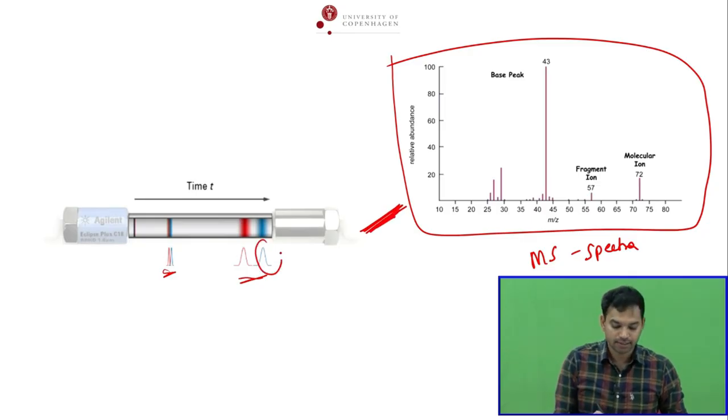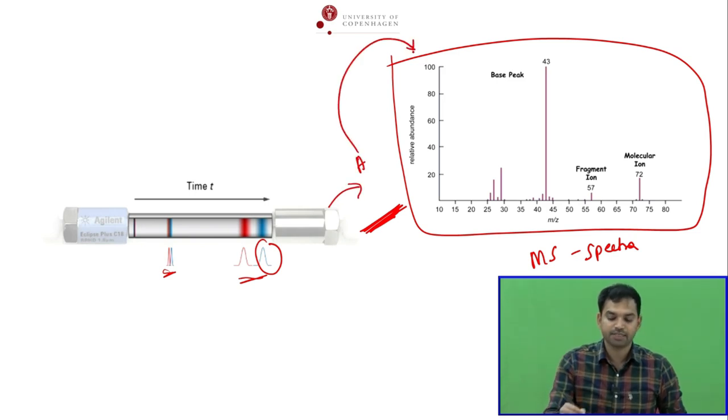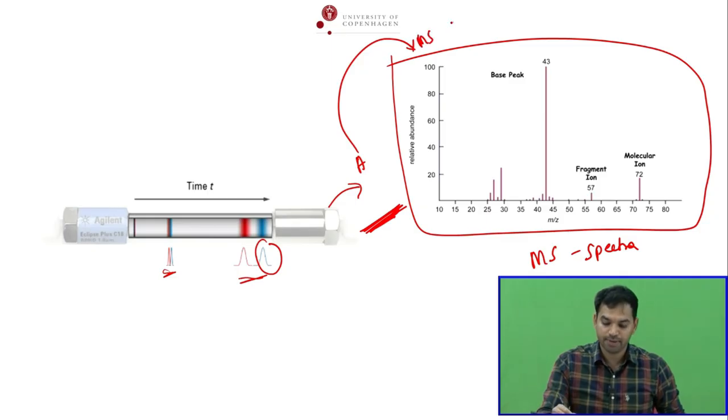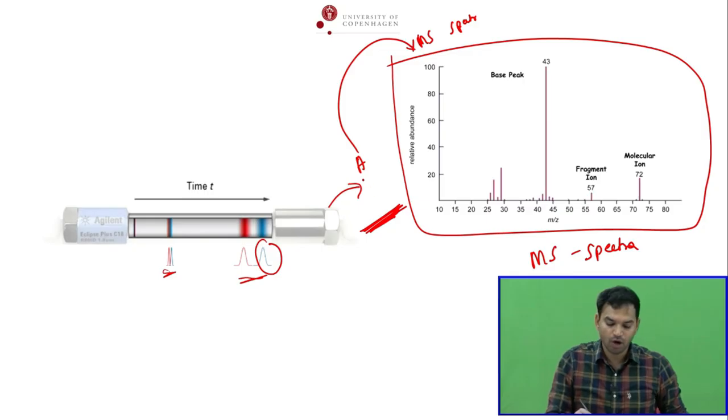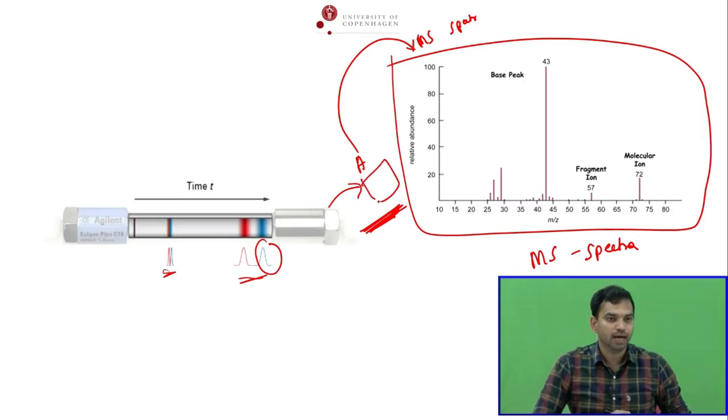You have an analyte coming out of the column. Okay, then the analyte gives you the MS spectra. This is called MS spectra. But to get the MS spectra, there's a lot of things happening in between. I'm going to show you exactly what happens here in between to get the end-of-the-day MS spectra. In brief, in short, okay?